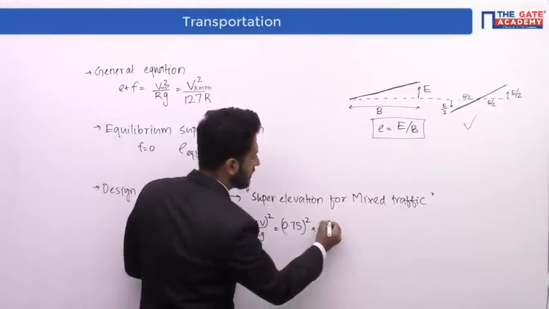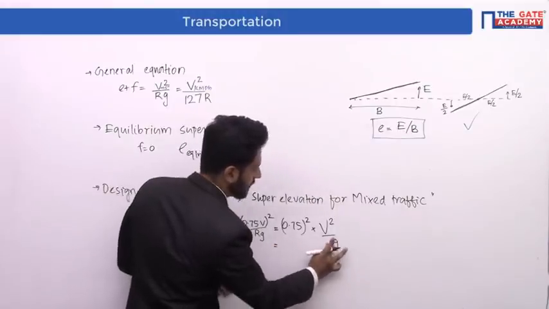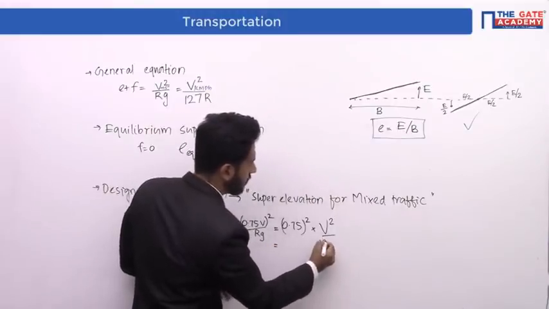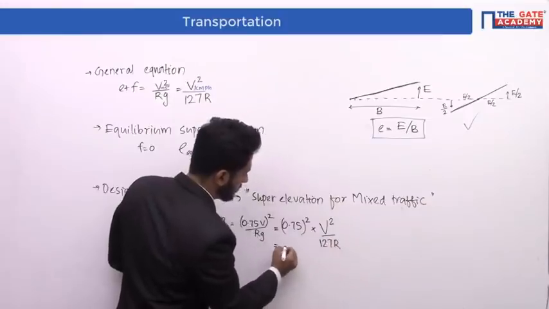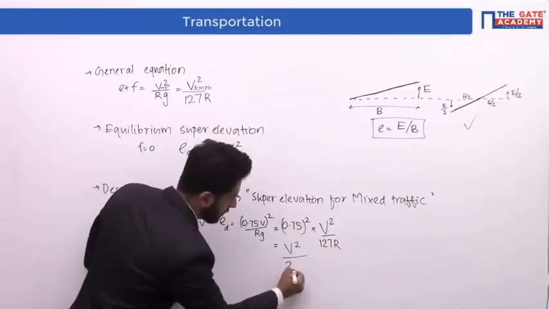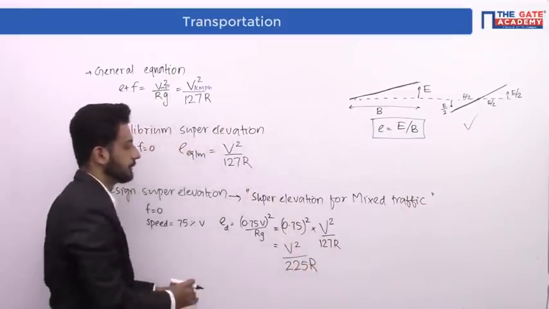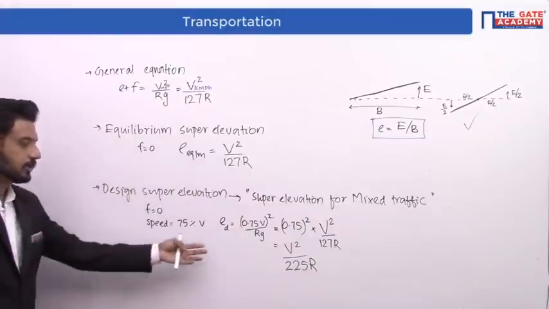I can write it as capital V square by Rg, capital V square by 127 R. So I can write it as V in kilometers per hour square divided by 225 R.